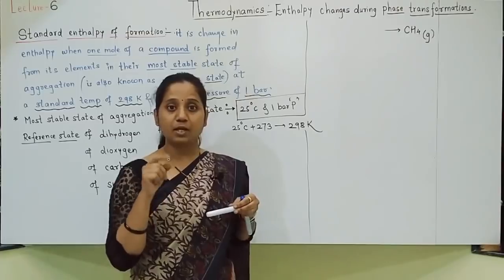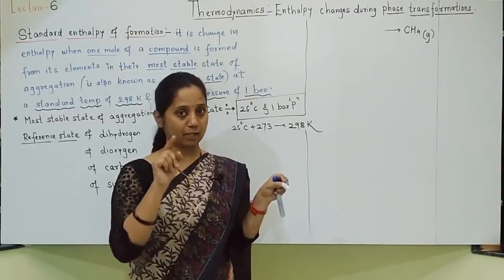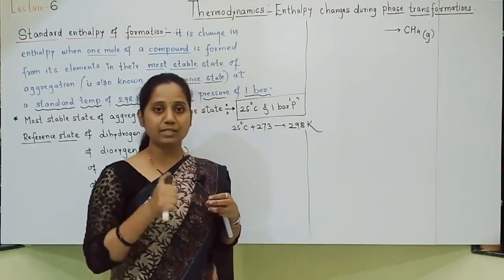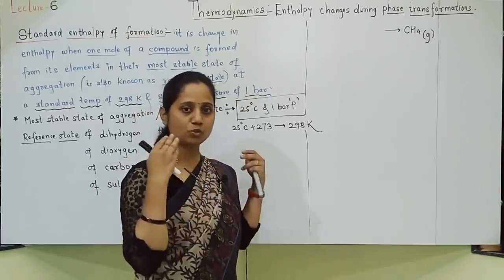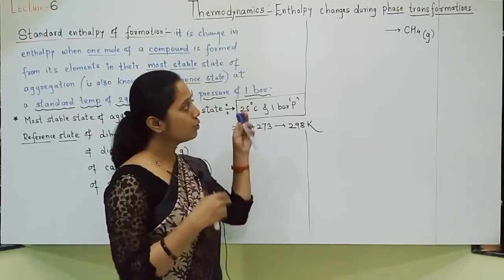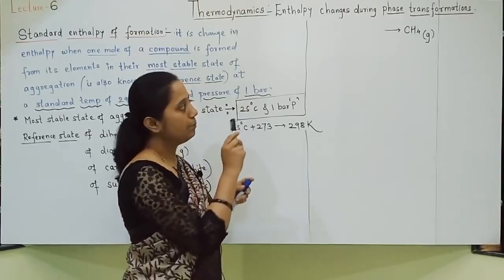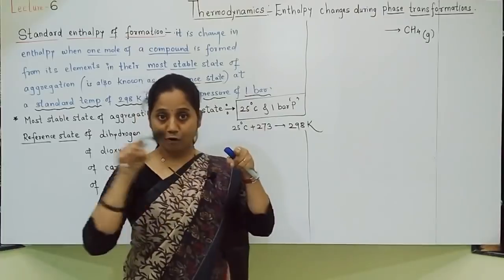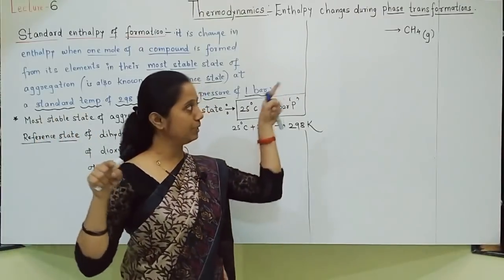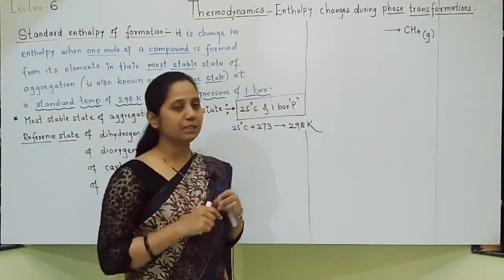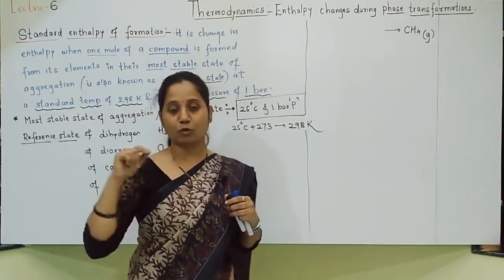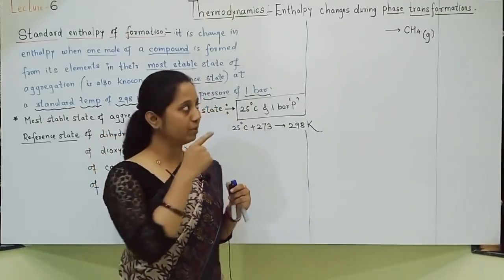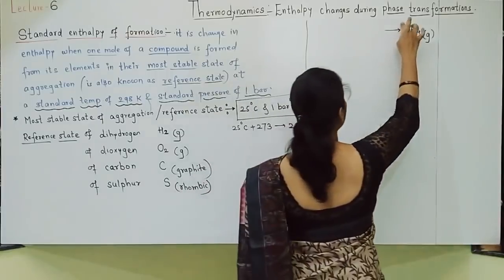Whenever something forms, I must write it on the product side. We have to write equations for formation, and there will be many equations afterwards. Methane is forming, so it should be on the product side. I wrote only one, because whatever is forming should be 1 mole.